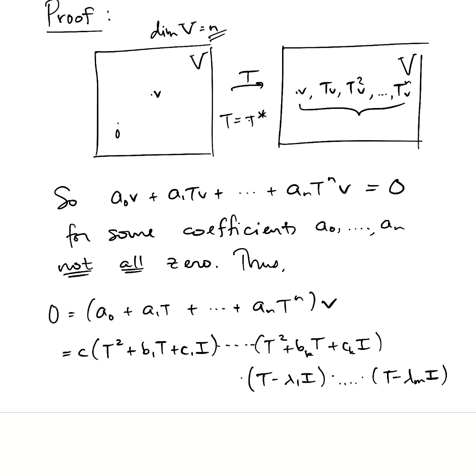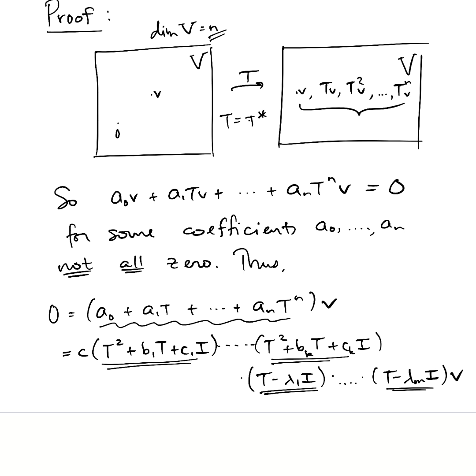The point is, every polynomial, even over just the reals, every polynomial factors into a bunch of irreducible quadratic pieces and a bunch of linear pieces. So that parenthetical term acting on V is really splittable into all these different operators, one right after the other, acting on V.